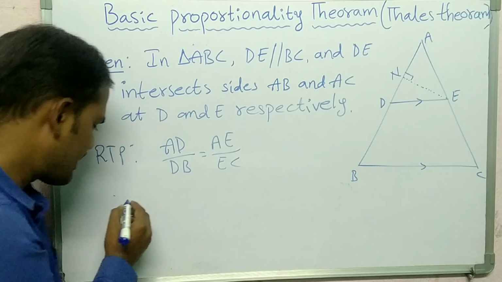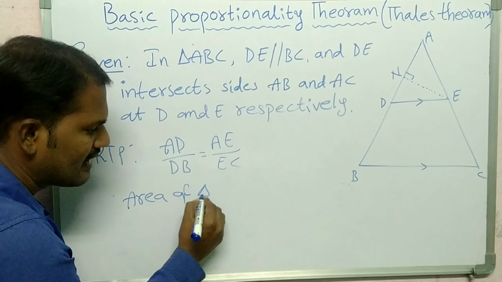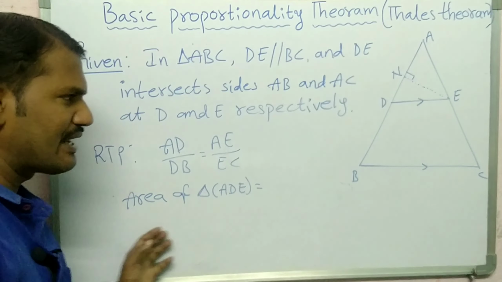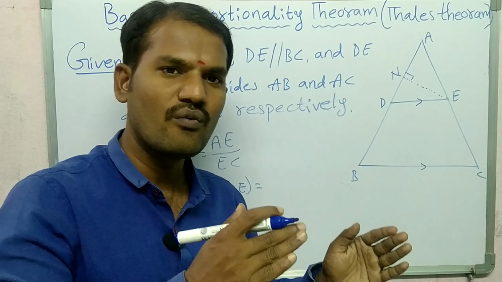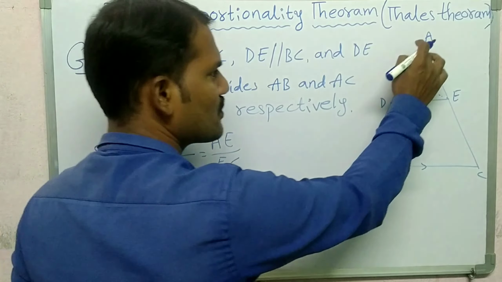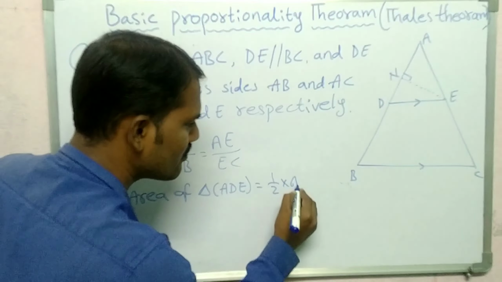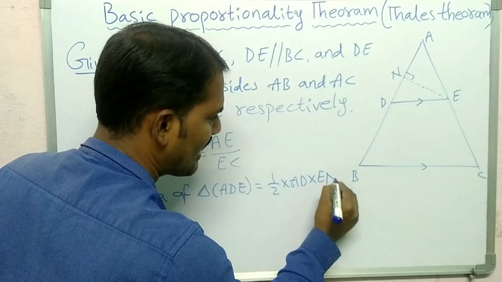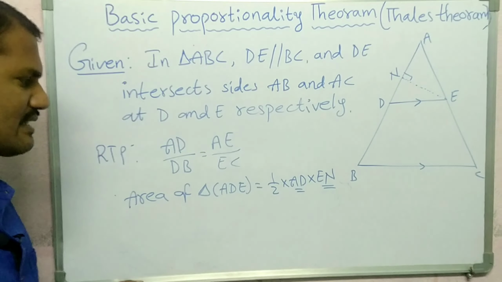So I am writing here, area of triangle ADE equal to, we know the area of triangle formula, 1 by 2 into base into height, half of BH. So here base AD, so 1 by 2 into base AD into EN height. Here EN is the height, AD is the base.